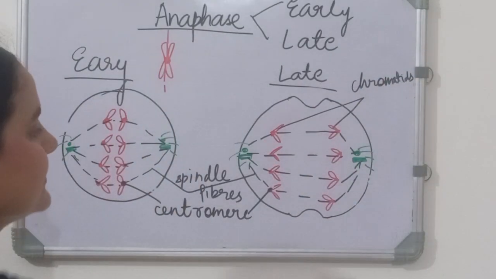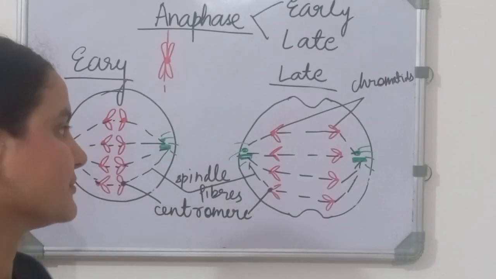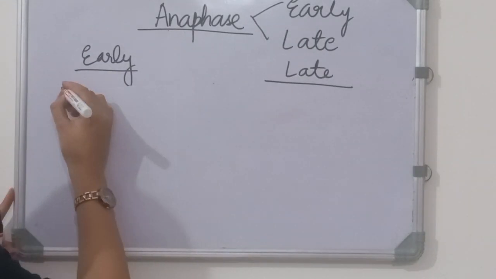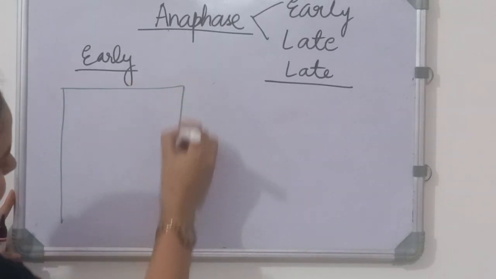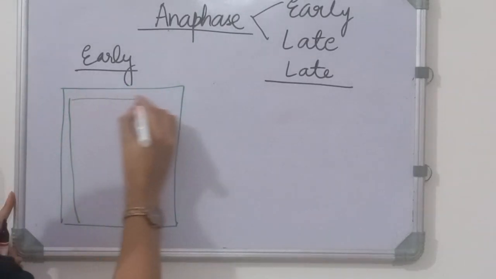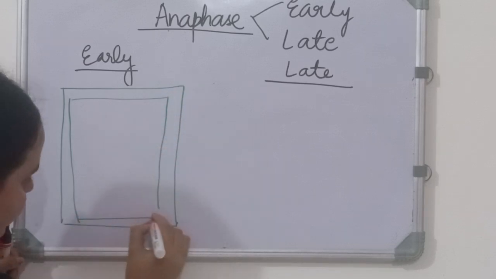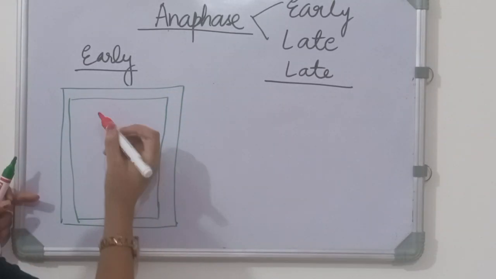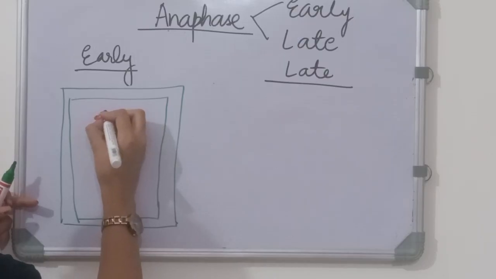And these are the centrosomes. Now let's draw in case of plants. Now I am drawing early anaphase stage in case of plants. Cell wall, cell membrane. Centromere has split and moving towards the poles.